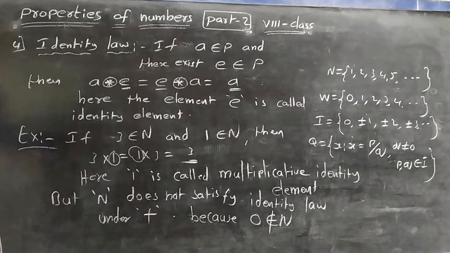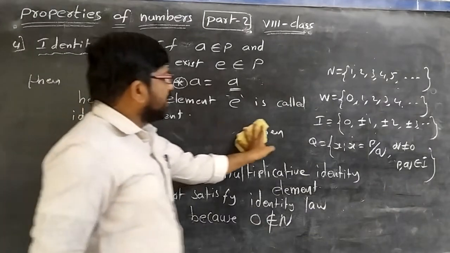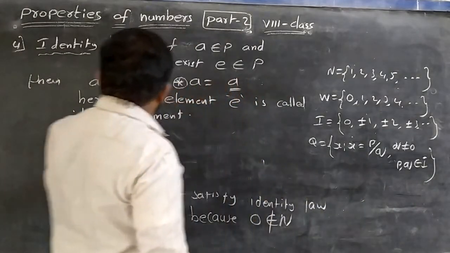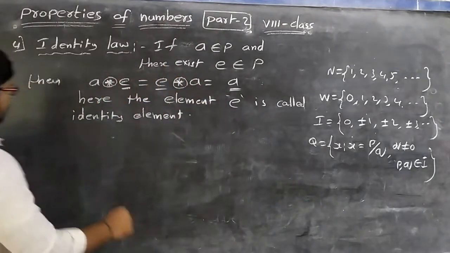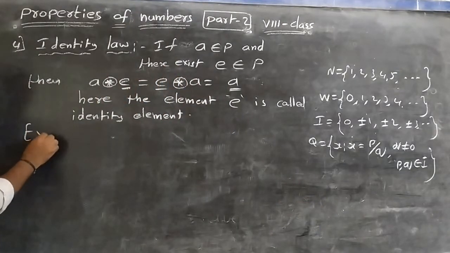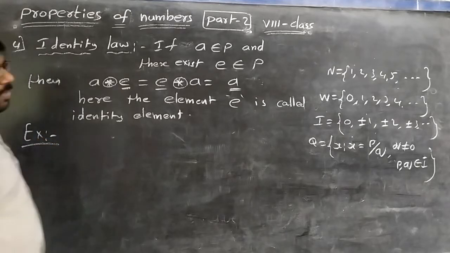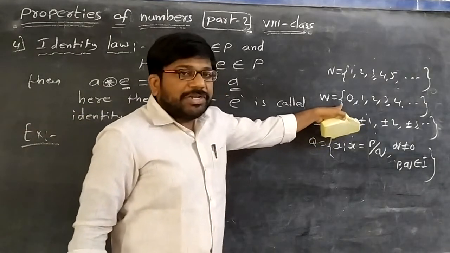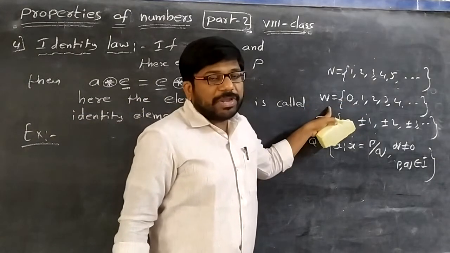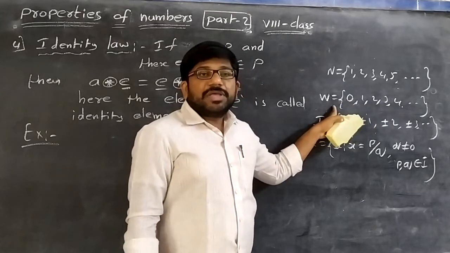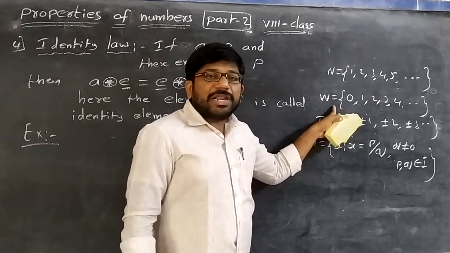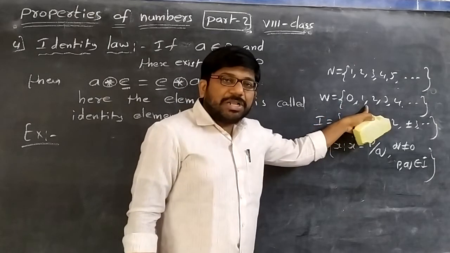Next, take whole numbers, the set of whole numbers. Take any two whole numbers; 0 belongs to W, so it satisfies the identity law under addition and multiplication also.